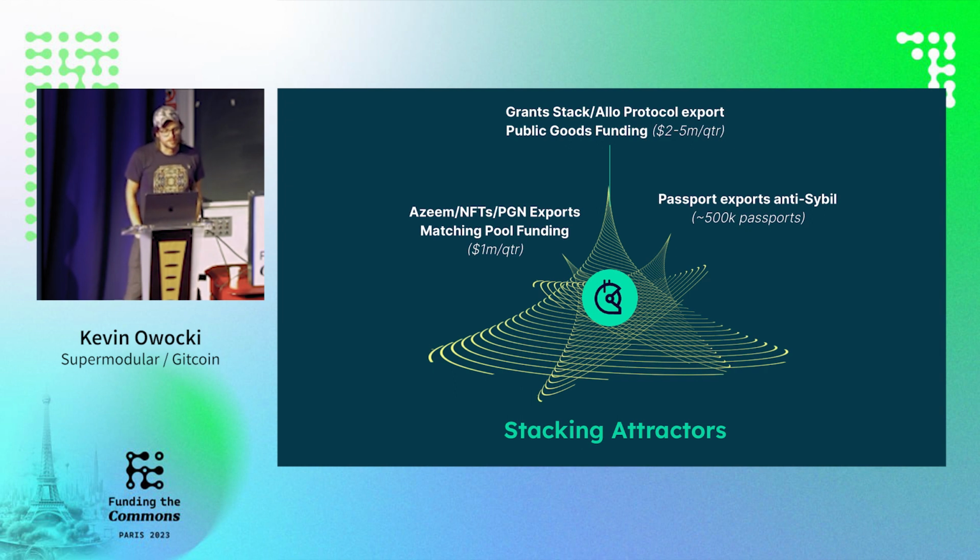There are these two products: Gitcoin Grant Stack, which is a web interface for interacting with Allo Protocol, which is short for Allocation Protocol. And that exports quadratic funding mechanisms right now, but eventually could cover the surface of all different allocation mechanisms, and is exporting $2 to $5 million per quarter in funding for the Web3 ecosystem.